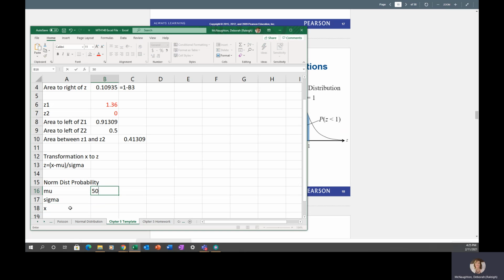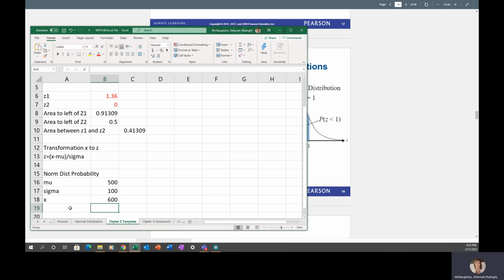For this case, my mean was 500, my standard deviation was 100, and my x value was 600. And then if I want the probability that x is less than or equal to this x, the 600, so I'm just going to call that little x.